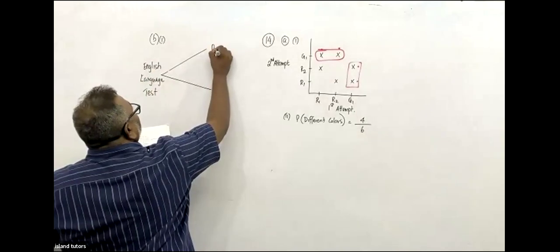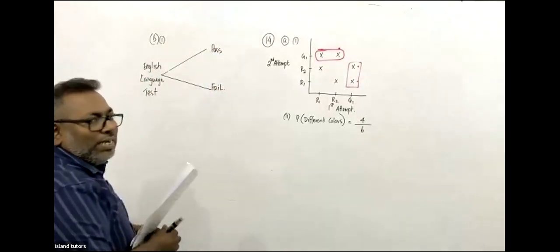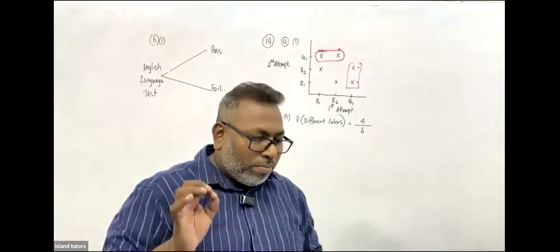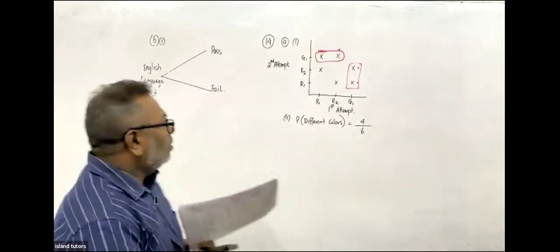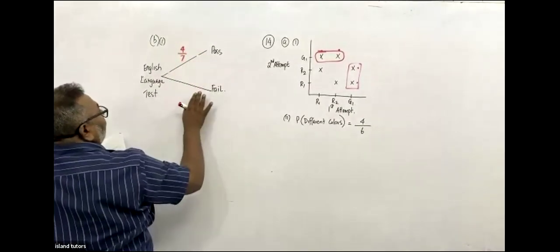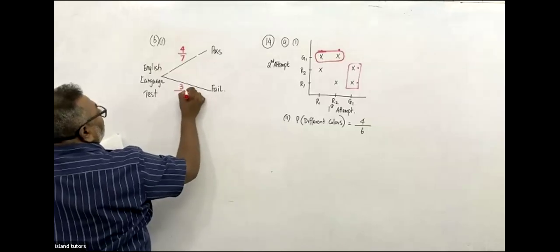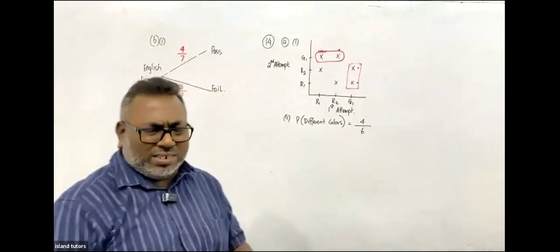And this is pass, this is fail. And very clearly they are saying the probability that you are passing the English test is 4 out of 7. So if this is 4 out of 7, then failing is going to be 3 out of 7. That's the first part. Easy, straightforward.